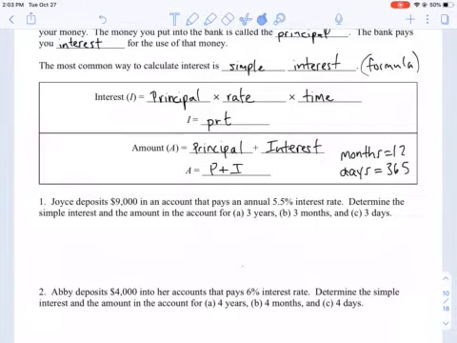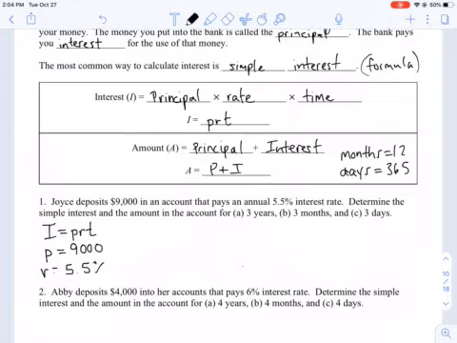So we know that interest is principal times rate times time. Well, for this one, our principal is 9,000. Our rate is 5.5%, or 0.055. And we need to determine the times. Now, key thing is that this is annual.